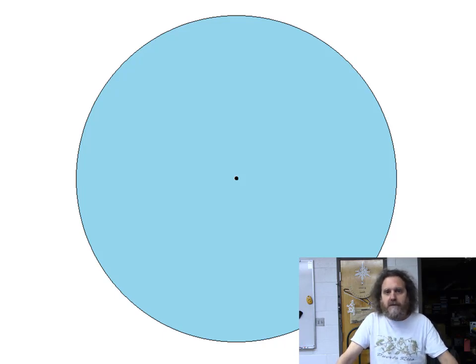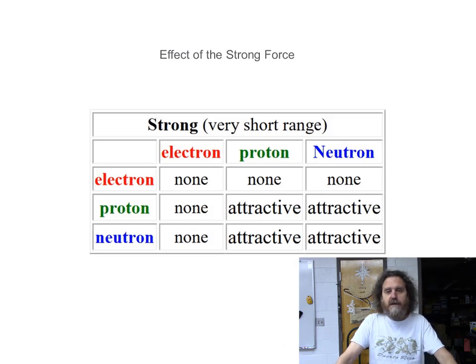Well, it turns out, and this was discovered only in about 1960, that there's another fundamental force of nature called the strong nuclear force. And this table summarizes the way the particles interact with this force. So protons attract other protons, neutrons attract other neutrons, neutrons attract protons, protons attract neutrons.